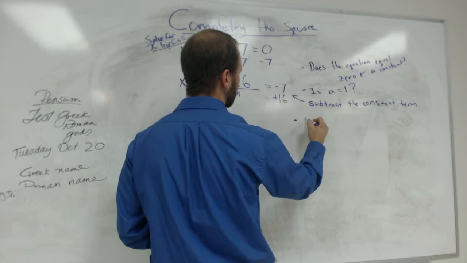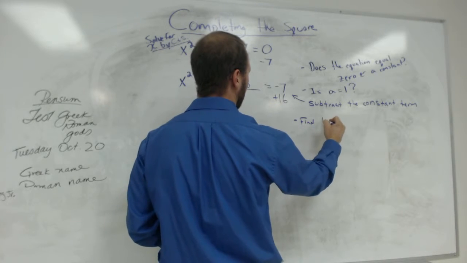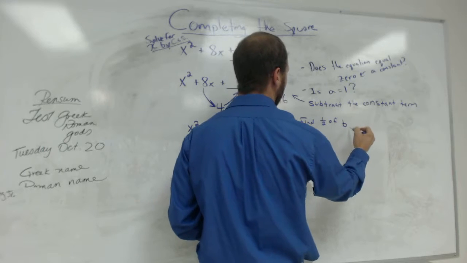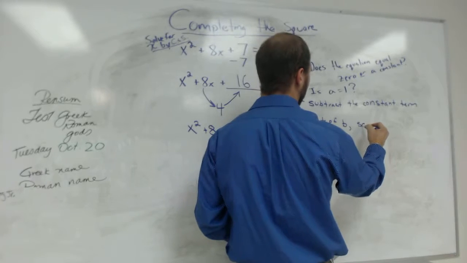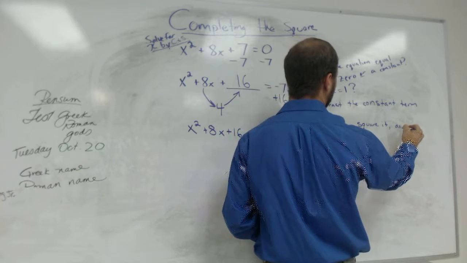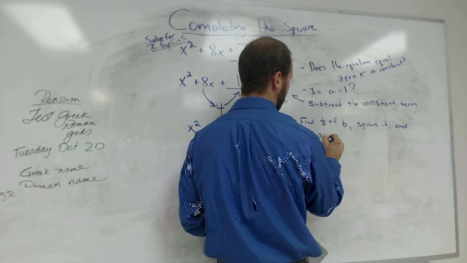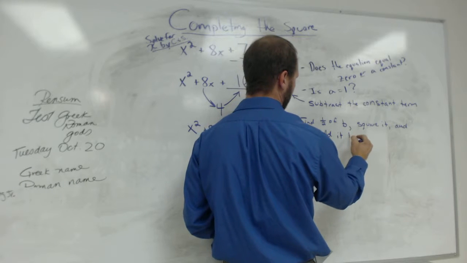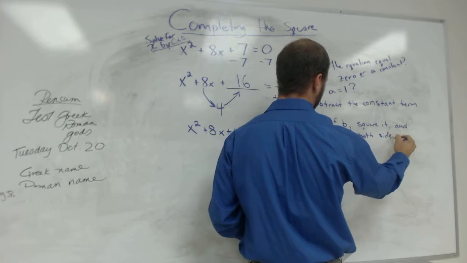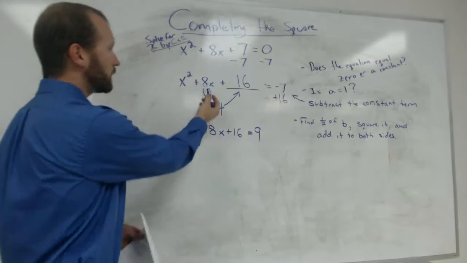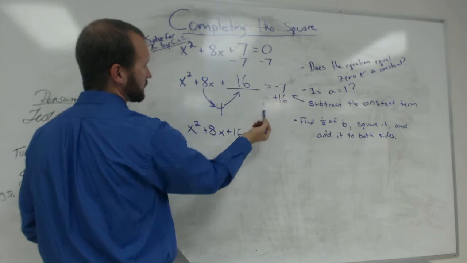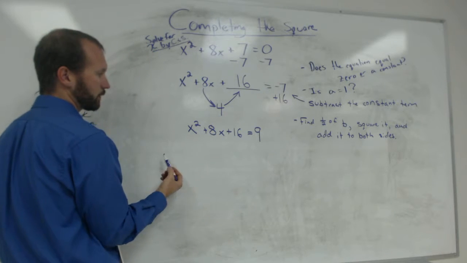Right? So what we did was find half of b, square it, and add it to both sides. Half of b was 4. 4 squared is 16. Add that to both sides, and we get this.